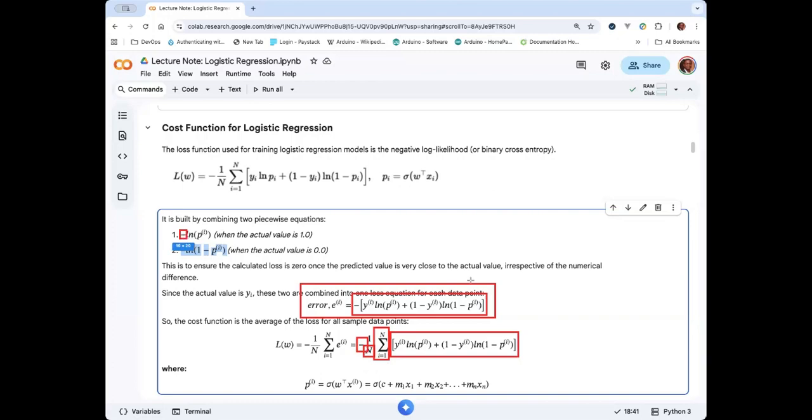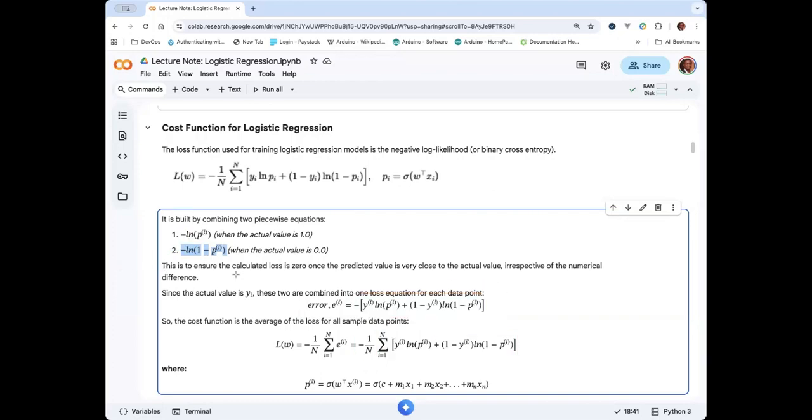You have to negate the log, otherwise you get negative numbers. So that gives us the full cost function equation for logistic regression, which is the NLL, negative log likelihood. And that's it, right? So again, remember the P is the probability.